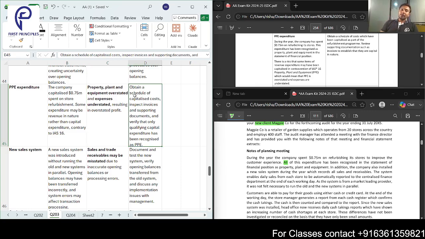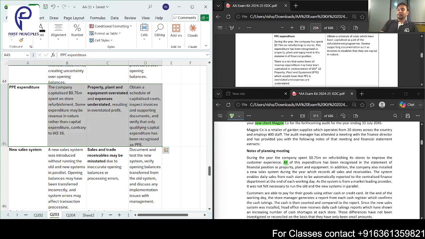As an action here, obtain a schedule of the capitalized costs, get a list of all the capitalized costs, and inspect the invoices and supporting documents to verify that only costs that met the criteria have been capitalized, whereas other costs have been expensed to P&L. All cost cannot be capitalized, so whenever you see the word all, that is your hint.